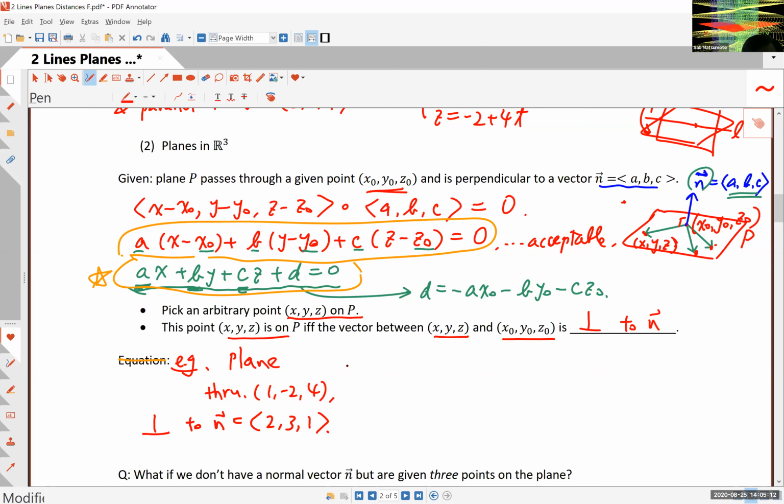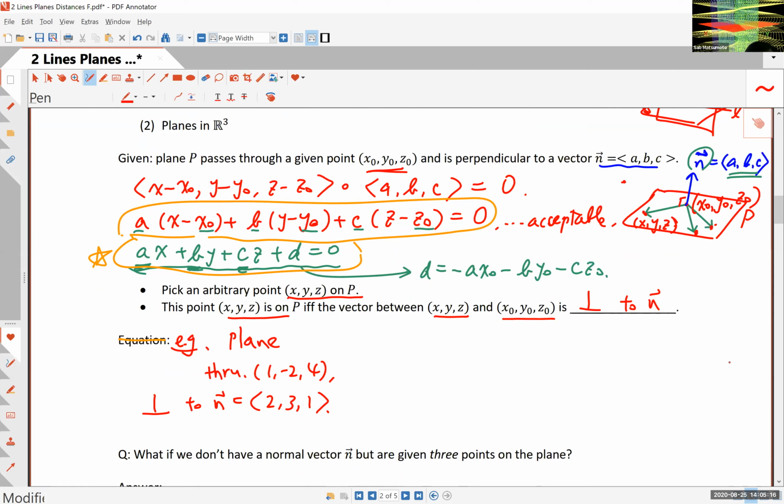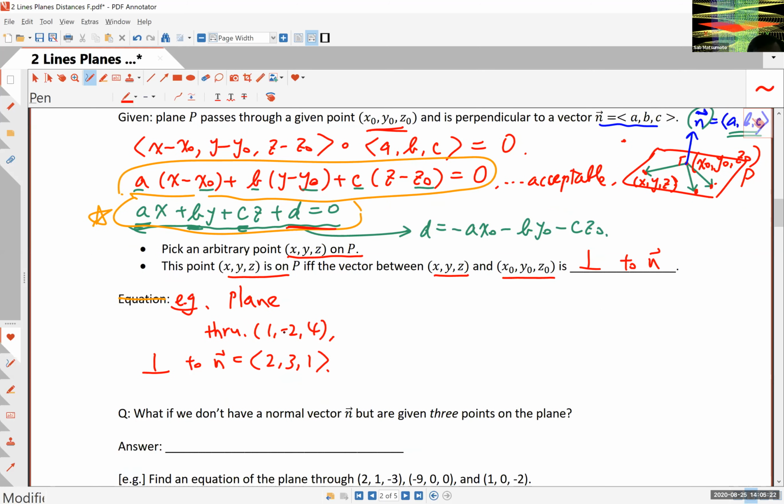Let's go ahead and try to write the equation, or an equation, with this form where one side is equal to 0. Try to describe this plane through 1, -2, 4, normal to 2, 3, 1. All right, and when you think you are done, you can come back and look at the second part of this lecture.